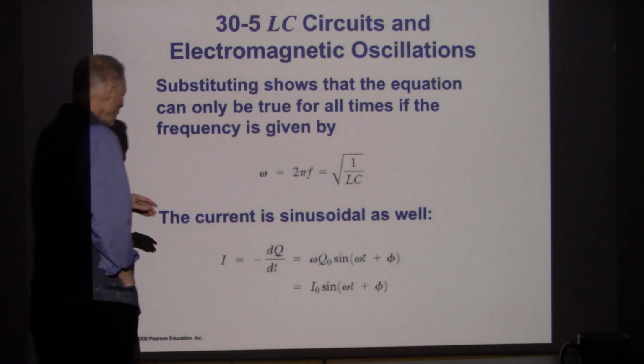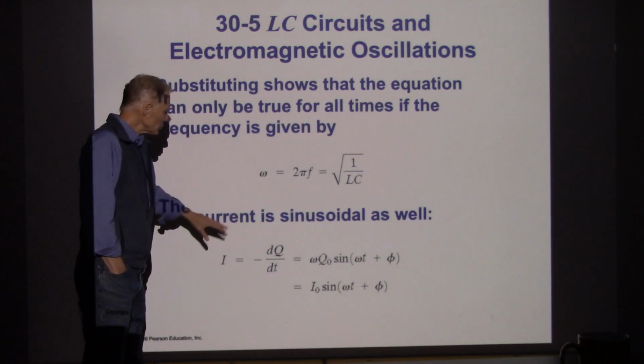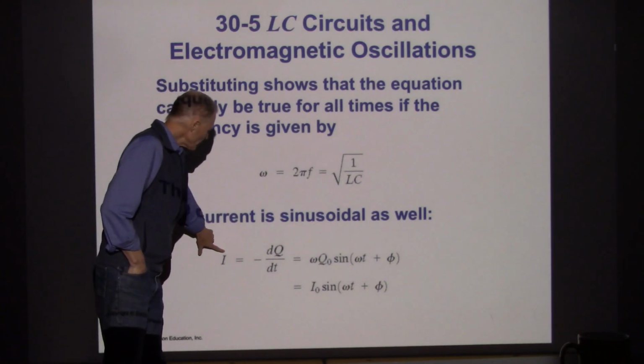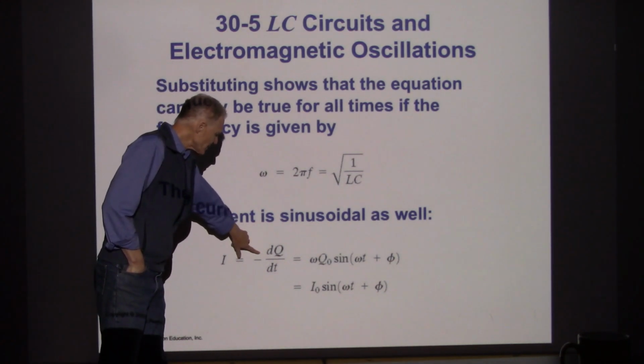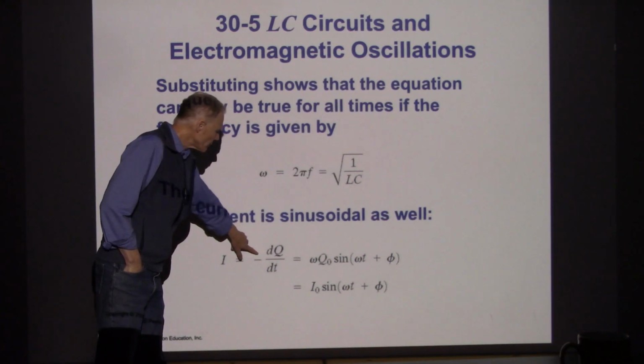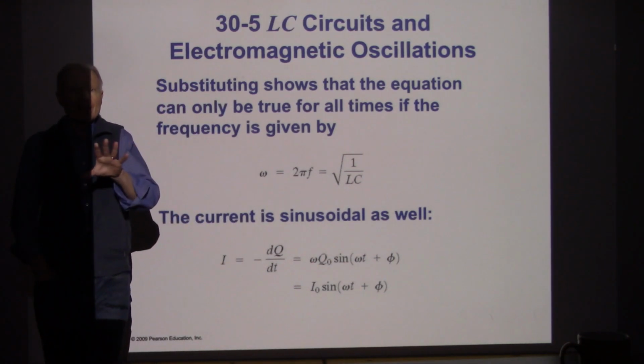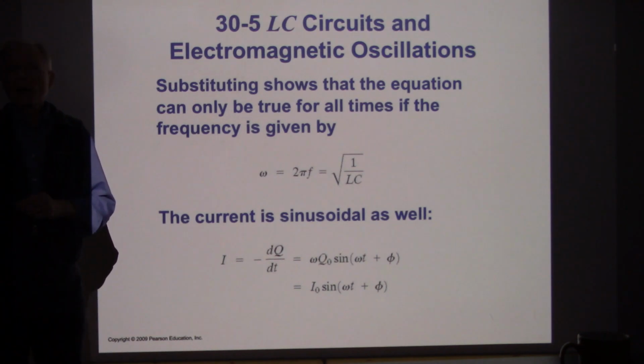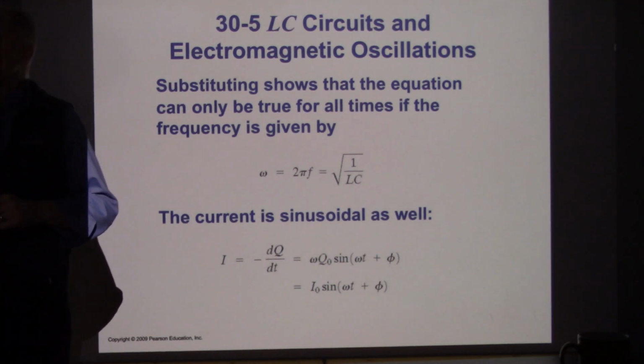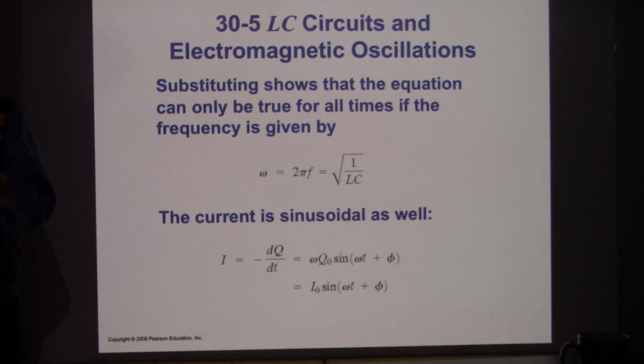Now, we ran into this once before. When capacitors are discharging, our textbook likes to put a minus sign into this definition. And I think by doing that, you kind of hide what's going on. What's going on here is that when the capacitor is charging, we think of the current coming in as being positive, but when it discharges, I want something to tell me the current's going in the opposite direction.